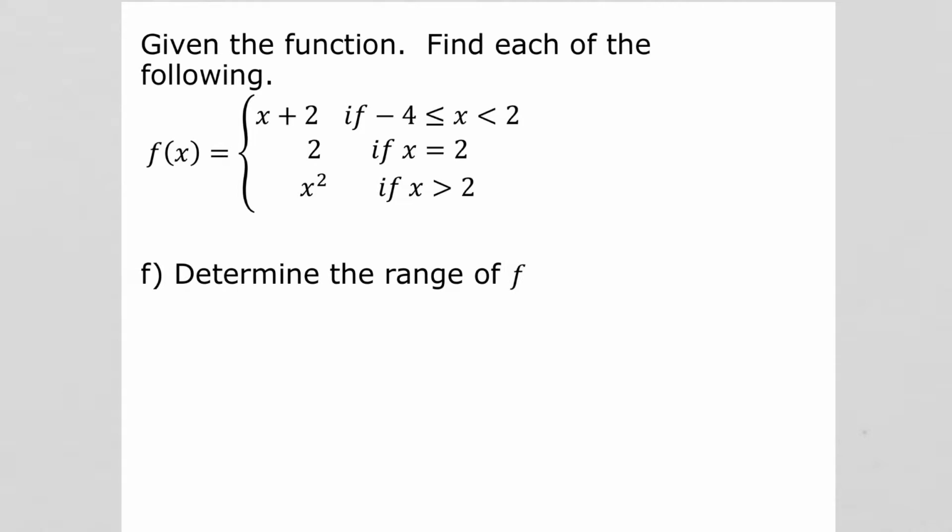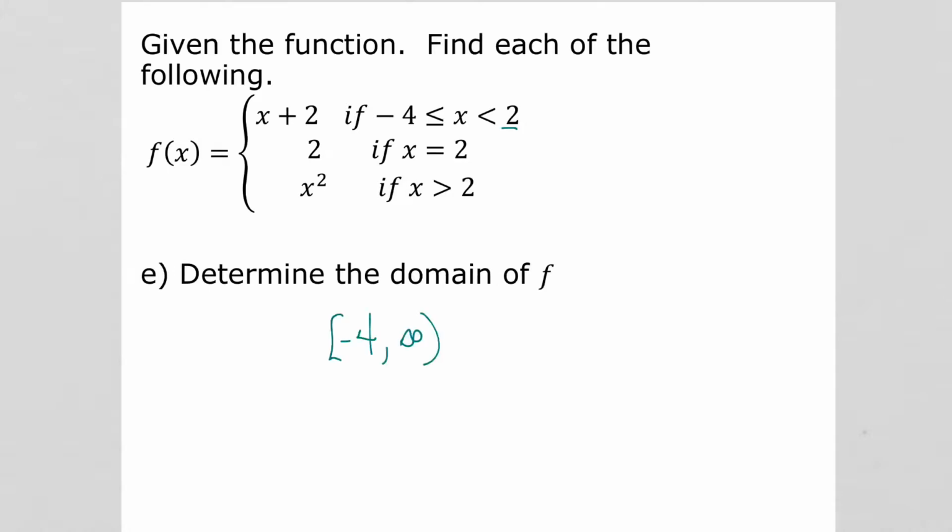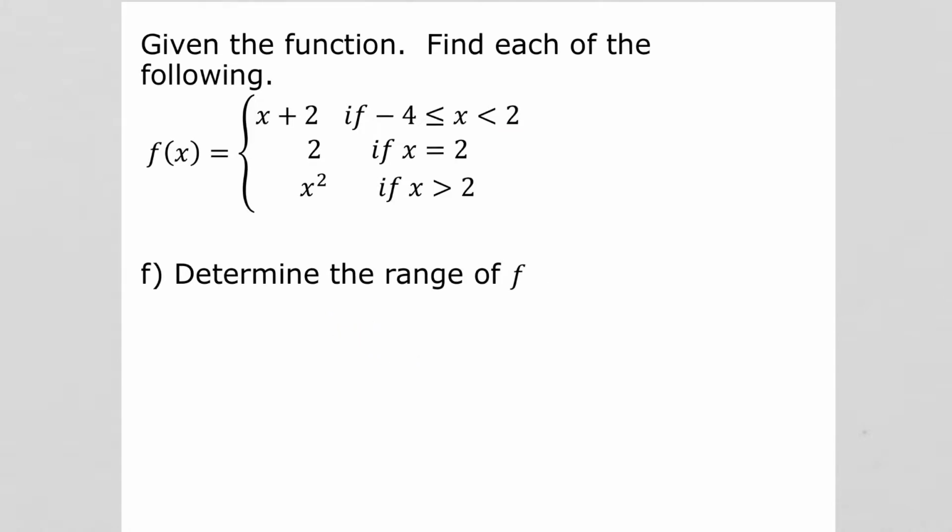What's the range? And this one is even harder to find. So, to find the range, we need to take our domain, just this -4, and plug in to get y.